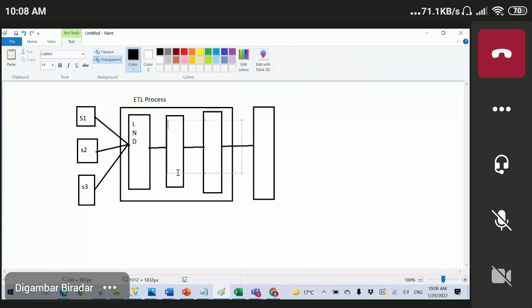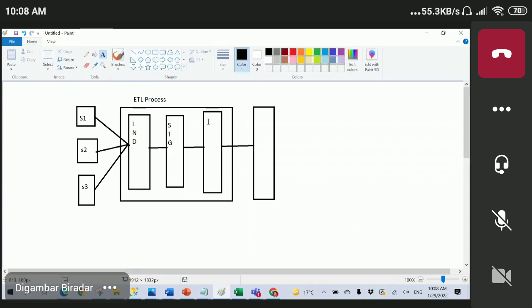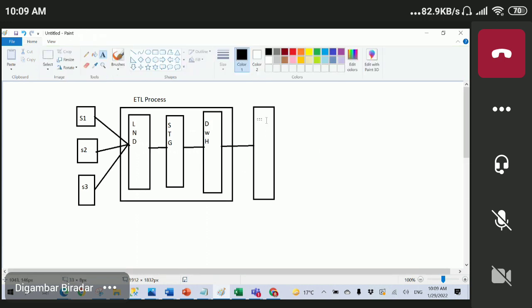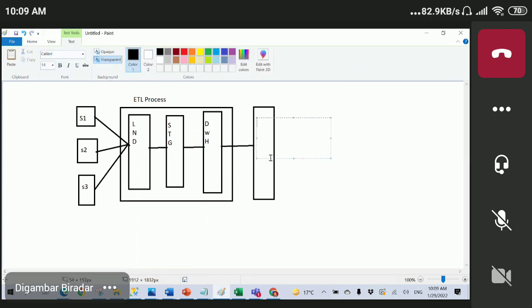After that we are combining inside the staging, and this is your data warehouse. After that we are having this as a PI.